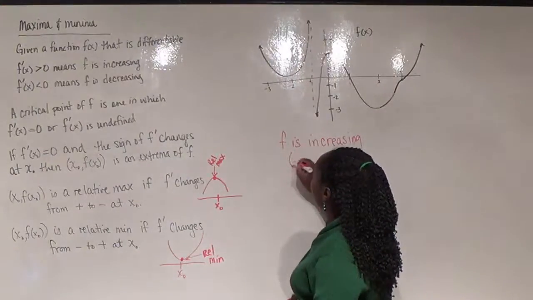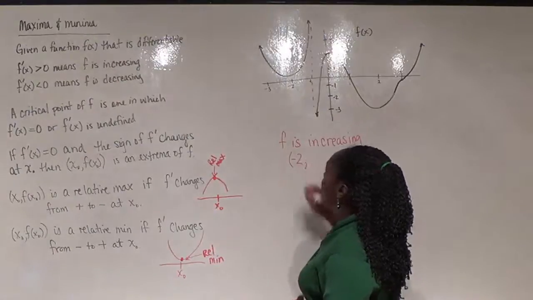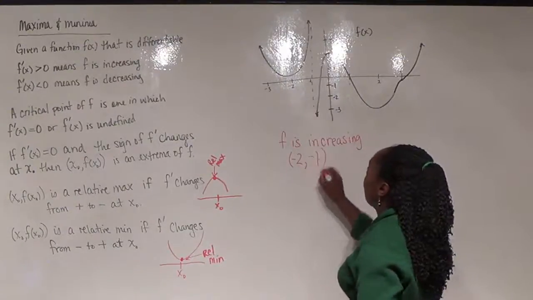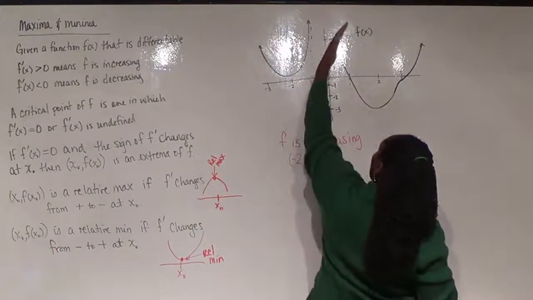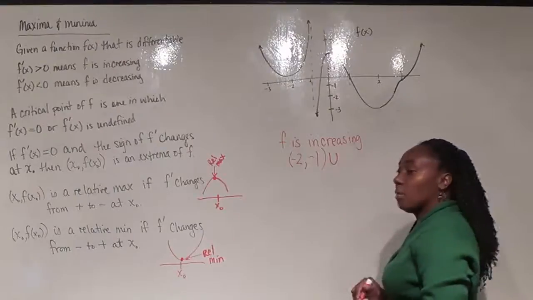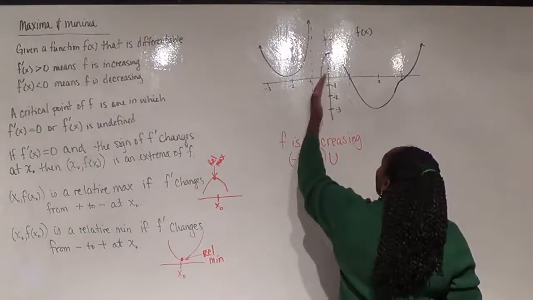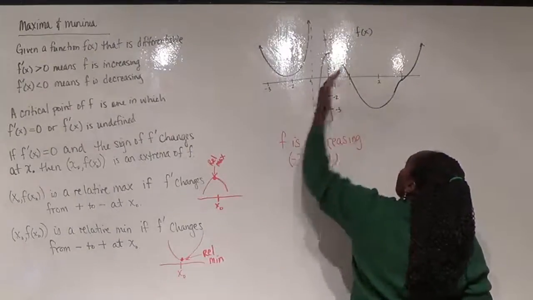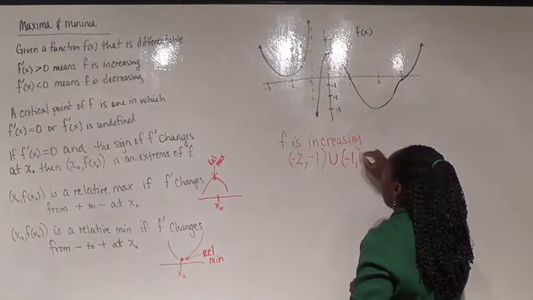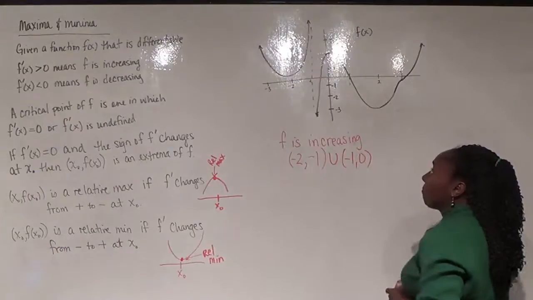So here, starting at negative 2 up to negative 1, I can see that my slope is increasing. Also, from negative 1 to 0, my slope is increasing.